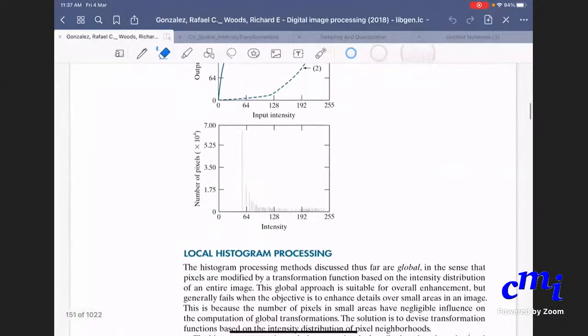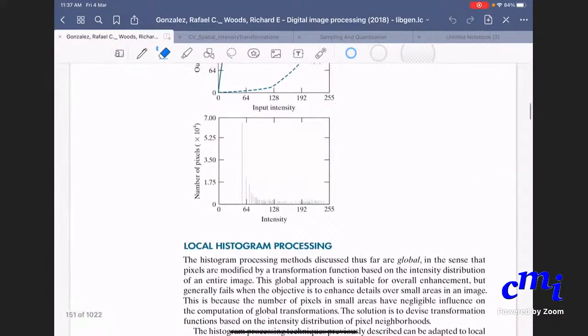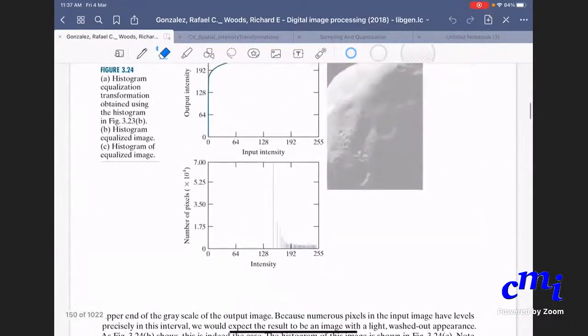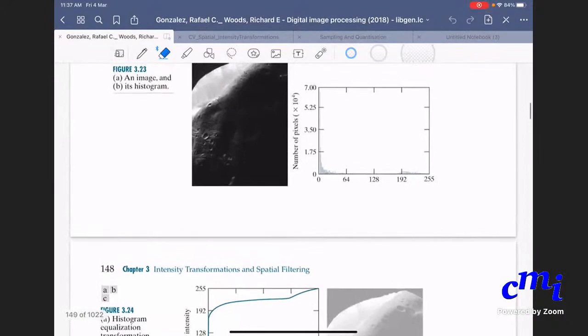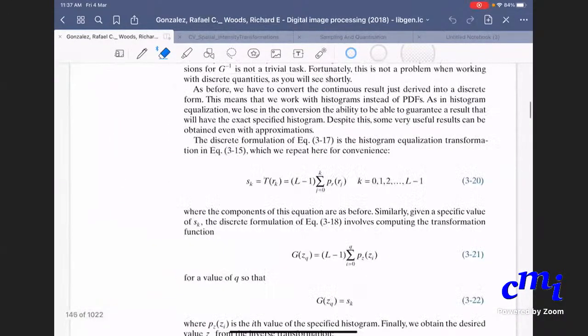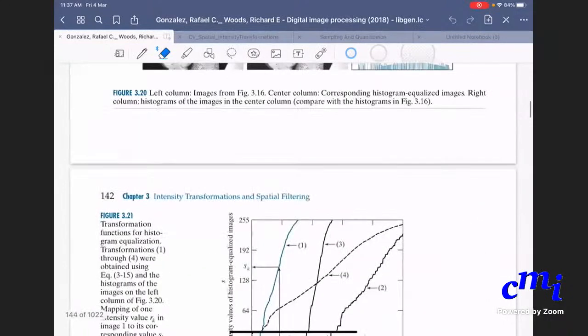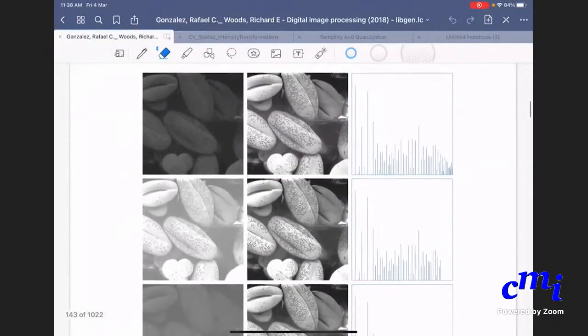I don't know if I have said this in the earlier lecture, but if I have not said it earlier, we can look at an example of histogram equalization. So this is an example of histogram equalization.